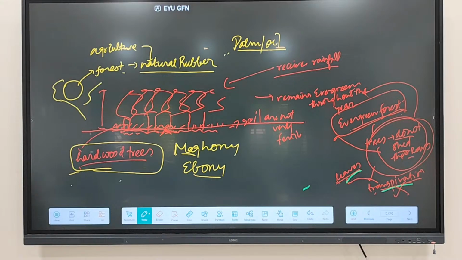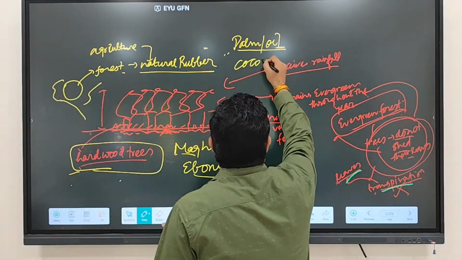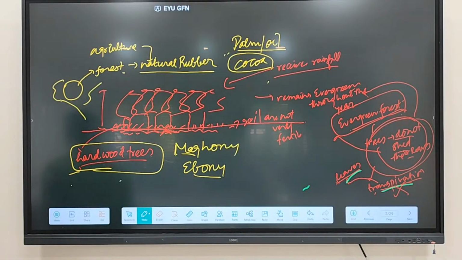Now, in case of Africa, generally you see cultivation of cocoa. Cocoa is being cultivated in the West African region. Fine. So these are some of the important cultivation and agriculture activities that are also taking place in this particular region. Clear?